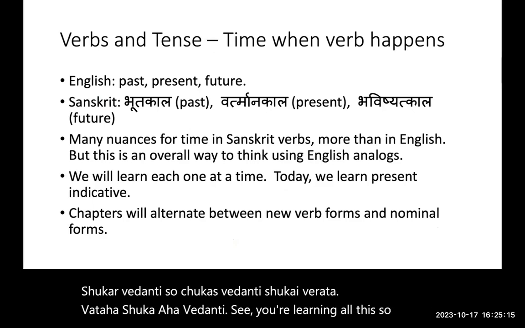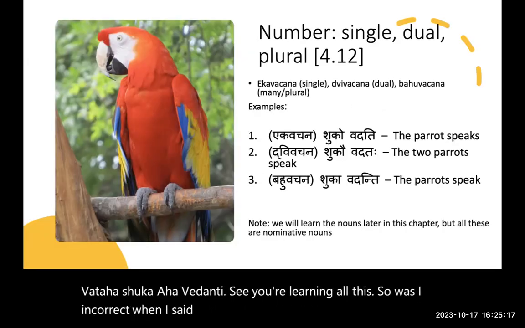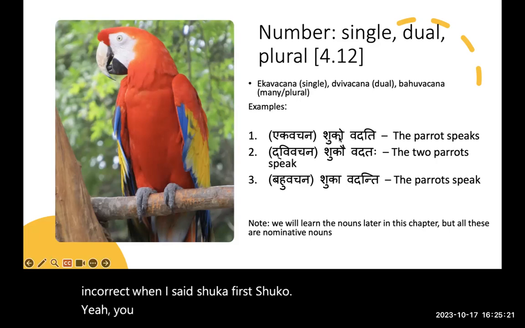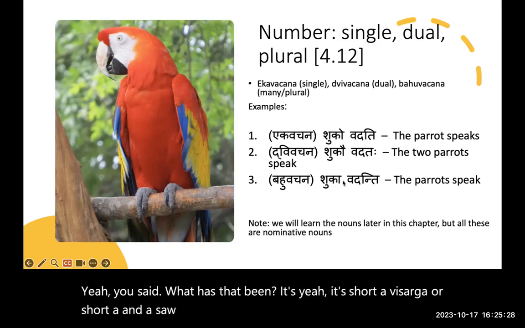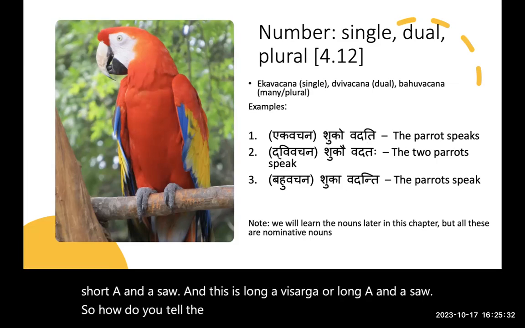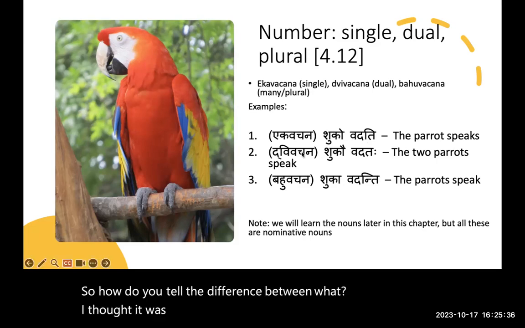So was I incorrect when I said shukah? For shuko, yeah, you said... it's short a visarga or short a and an s. And this is long a and a visarga or long a and an s. So how do you tell the difference? Between what? I thought it was shukah.